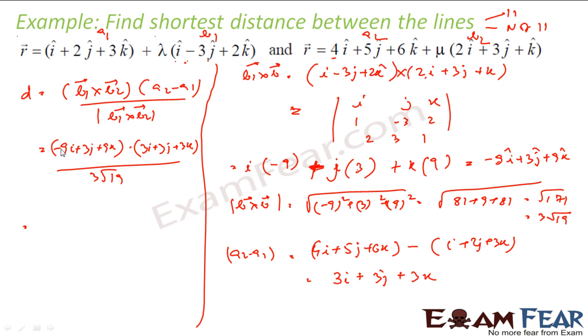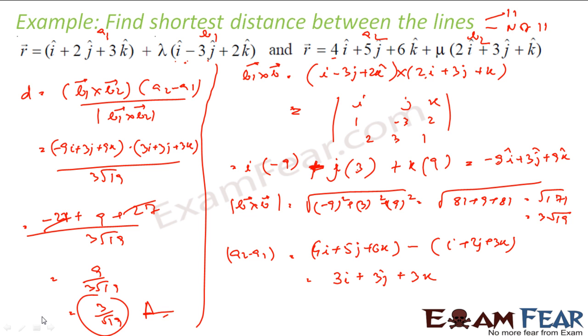You solve there: this is nothing but minus 9 into 3 is minus 27, plus 3 into 3 is 9, plus 9 into 3 is 27, so this is 27 by 3 root 19. Gets cancelled. The answer is 9 by 3 root 19, that is 3 by root 19, and that is the answer. The shortest distance between them is 3 by root 19.